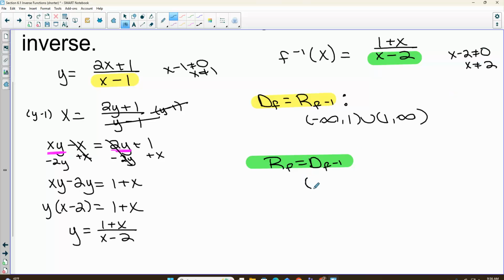So that one's negative infinity to 2, union 2 to infinity. All right. Any questions there or about the domain and range?